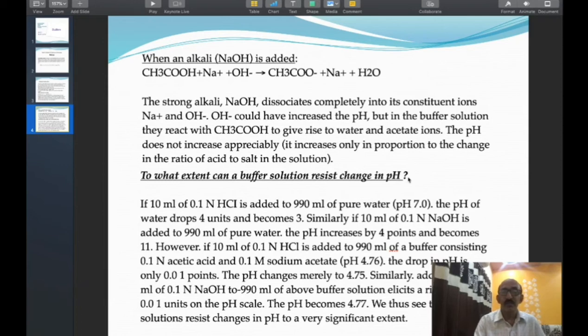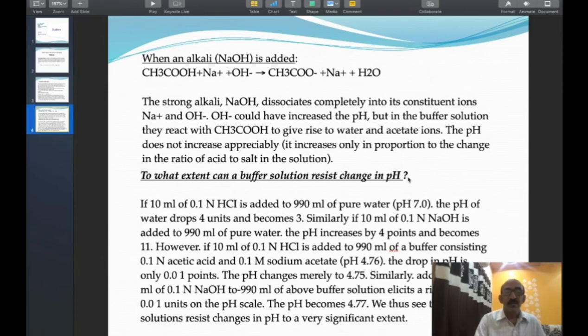The pH of water is 7, but after addition of 10 ml of 0.1 normal alkali, the pH of water increases by 4 units. Initially the pH is 7, now it becomes 11. There is a 4 unit rise in pH.